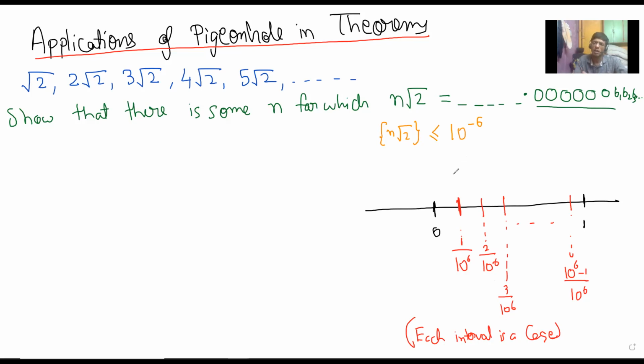Yeah, so that's what we want to show. We want to show that the decimal part of some n root 2 is between 0 and 1 by 10 to the power 6. So this is what we want to show. Yes, I should write "show", but that is just what we want to show.